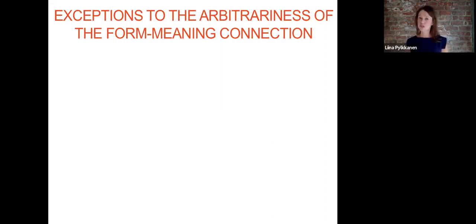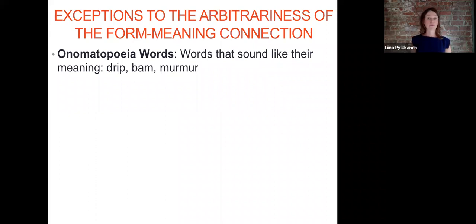There are some exceptions to the arbitrariness of the form-meaning connection that you may already be familiar with. For example, onomatopoeia words are an exception. These are words that sound like their meaning: drip, bam, murmur, and so forth.